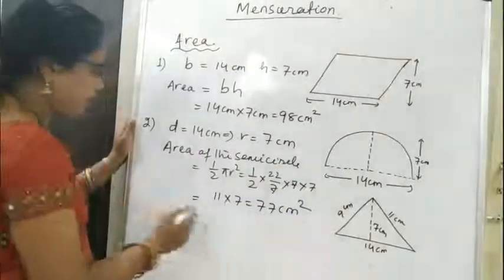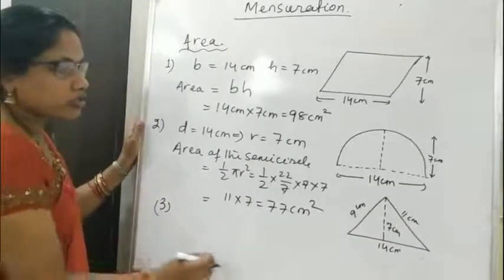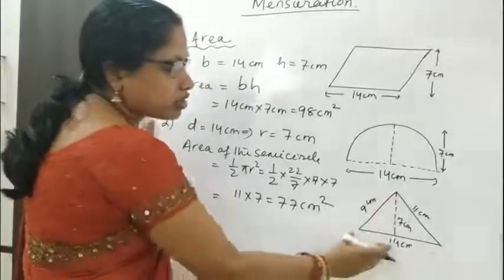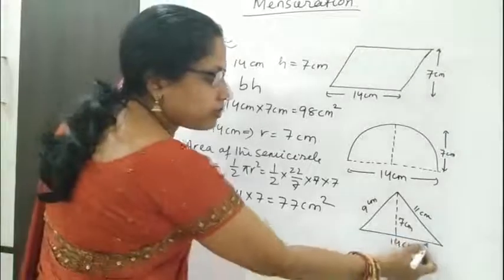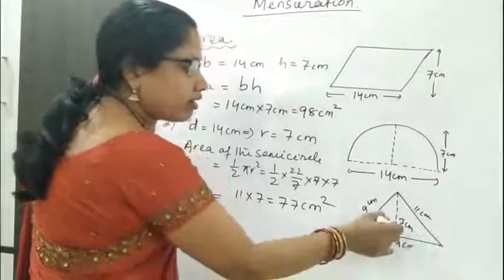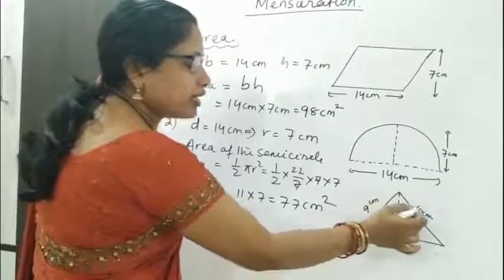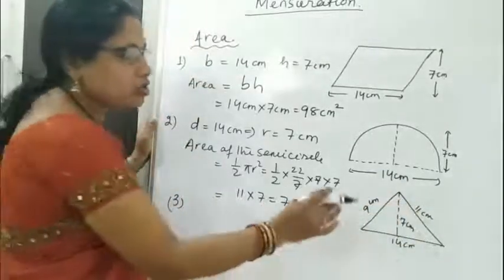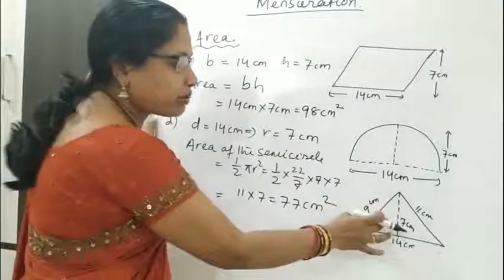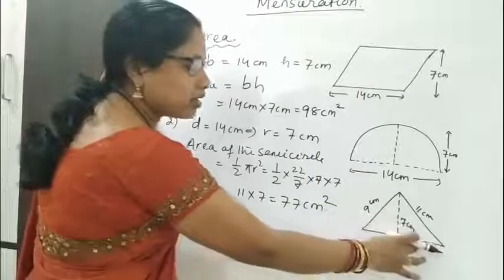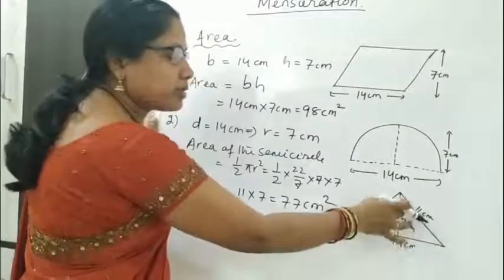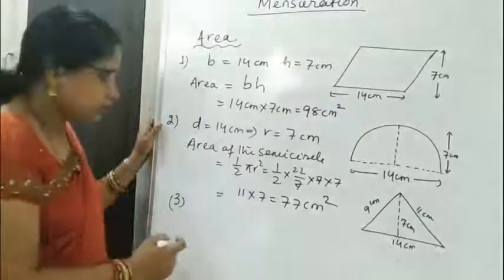So come to the third figure. This is a triangle. Here the base is given as 14 centimeter and the height to that base is given. For the other two sides no heights are given. So to find the area of this triangle we consider the 14 centimeter as base and 7 centimeter as height.